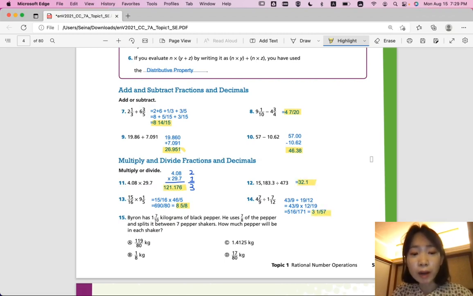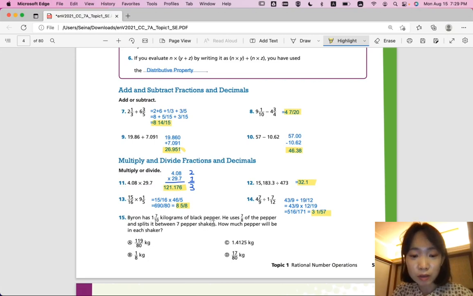Number 15, Byron has 1 and 7 over 10 kilograms of black pepper. He uses 7/8 of the pepper and splits it between 7 pepper shakers. How much pepper will be in each shaker? So you need to know which operation you need to use for this problem and figure out the answer.